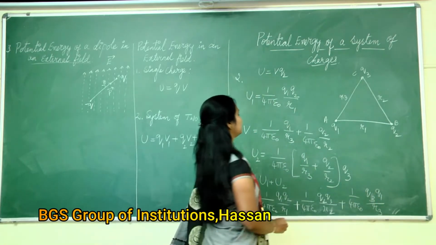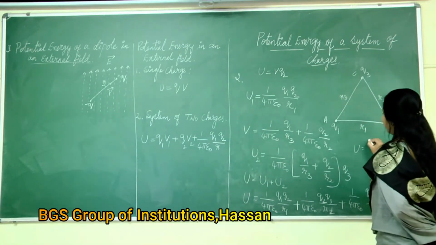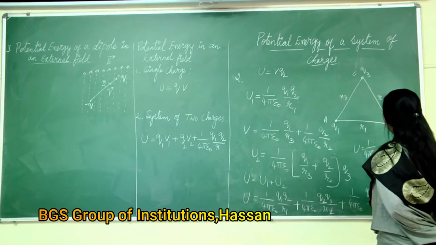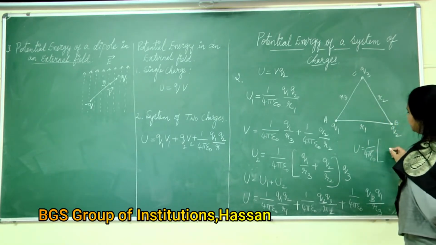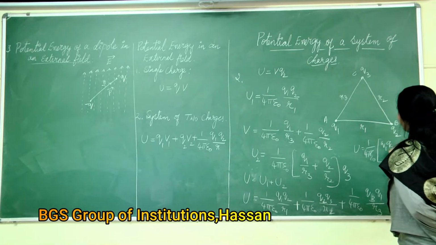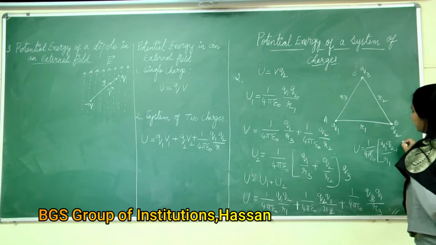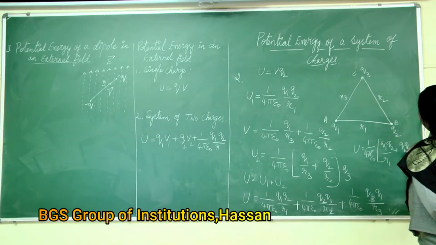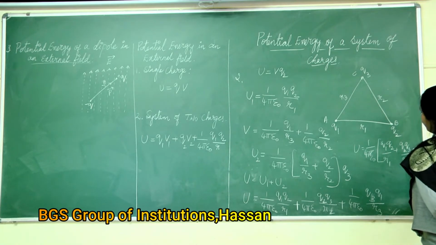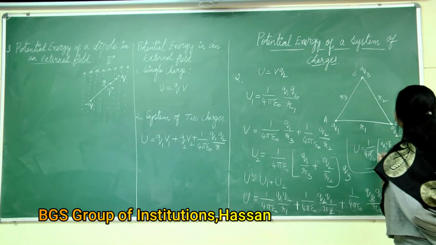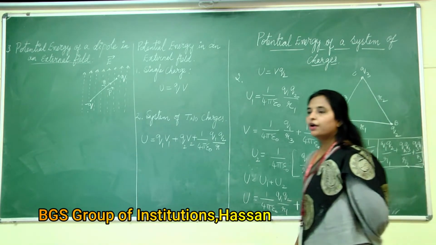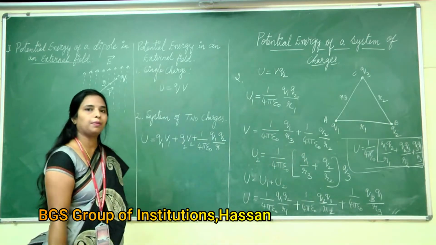Hence, the expression becomes U is equal to 1 by 4 pi epsilon naught within the bracket Q1 Q2 by R1 plus Q2 Q3 by R2 plus Q3 Q1 divided by R3. So this is the expression for the potential energy for the system of 3 point charges.